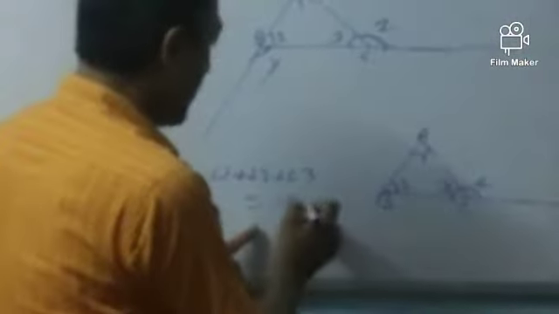We know angle 1 plus angle 2 plus angle 3 is the sum of the interior angles, which we learned previously is 180 degrees. Another thing we know is that angle 3 plus angle 4 is a linear pair.